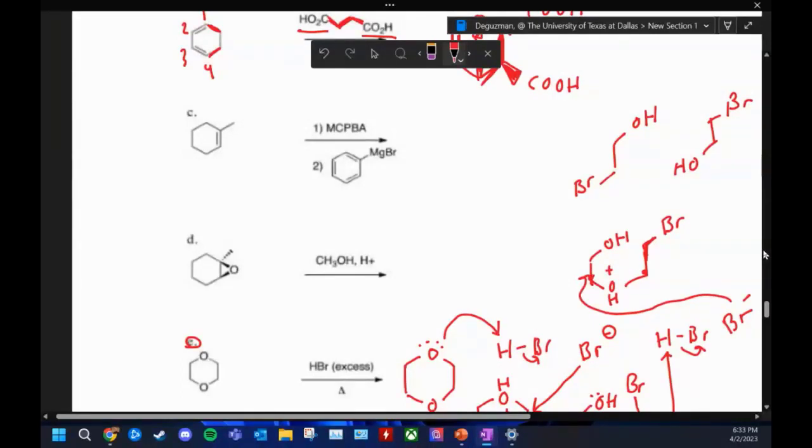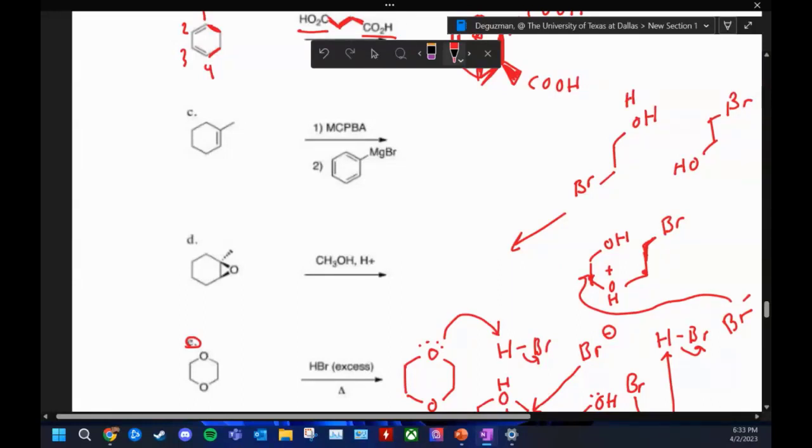So as you can see, this HBr will keep giving H's to the oxygen. And whenever it keeps giving the oxygen an H, it makes it a good leaving group for the Br to substitute. So you can predict now that this OH can get substituted again, right?